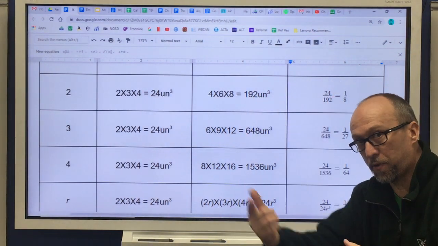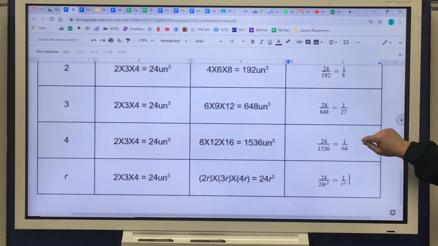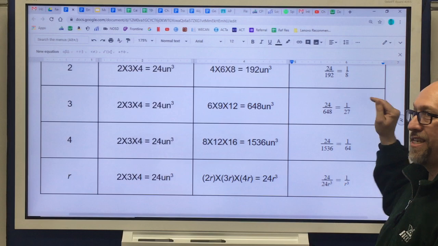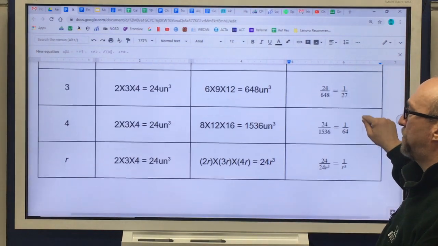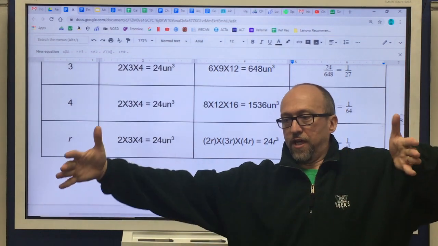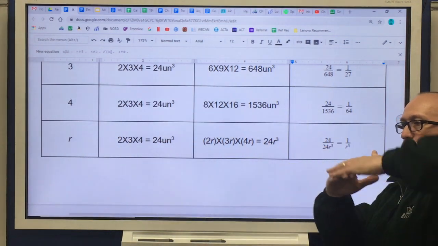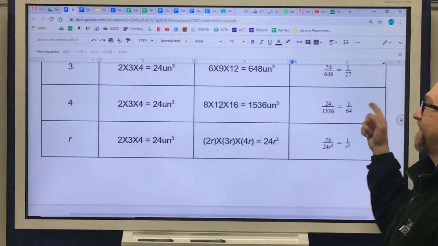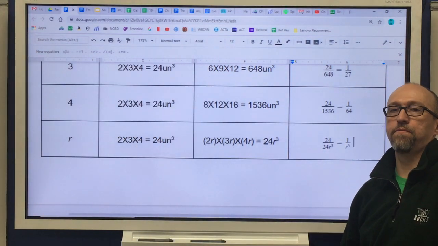I'm sorry, I had 27 times the volume. I didn't have triple the volume. I had 27 times the volume. And last but not least, if I made the box 4 times as wide, 4 times as deep, and 4 times as tall, I didn't get 4 times the volume. I got 64 times the volume.